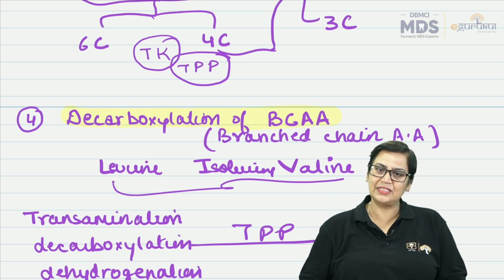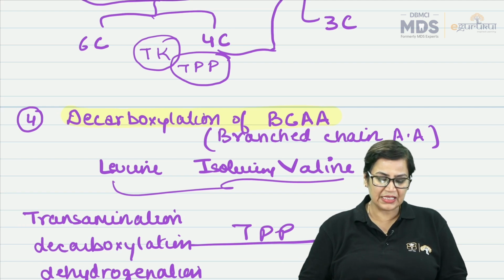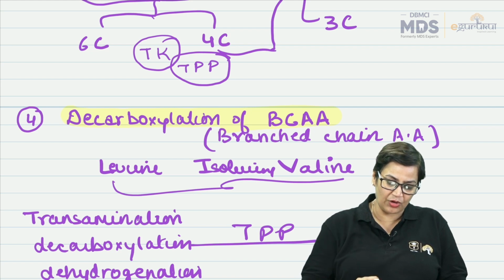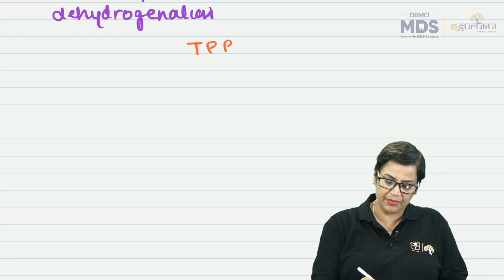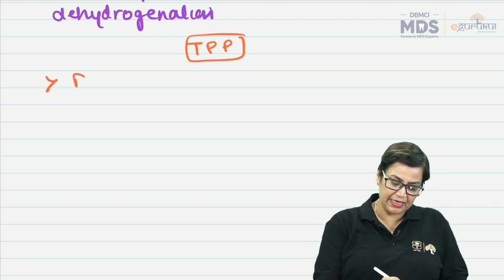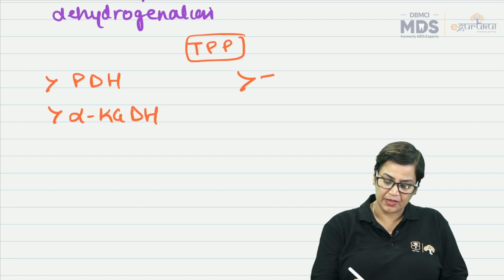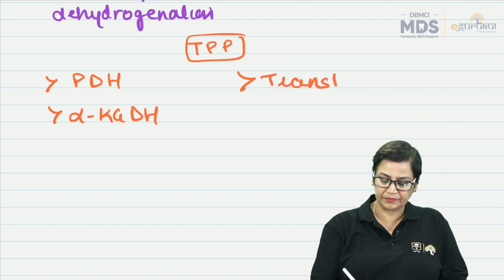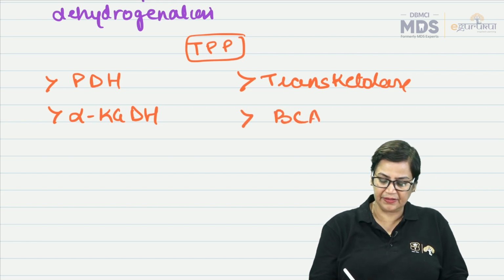Again, the coenzyme is TPP and the enzyme is decarboxylase. So these are the four major reactions in our body which require TPP: PDH, alpha ketoglutarate dehydrogenase, transketolase, and fourth one is BCAA.